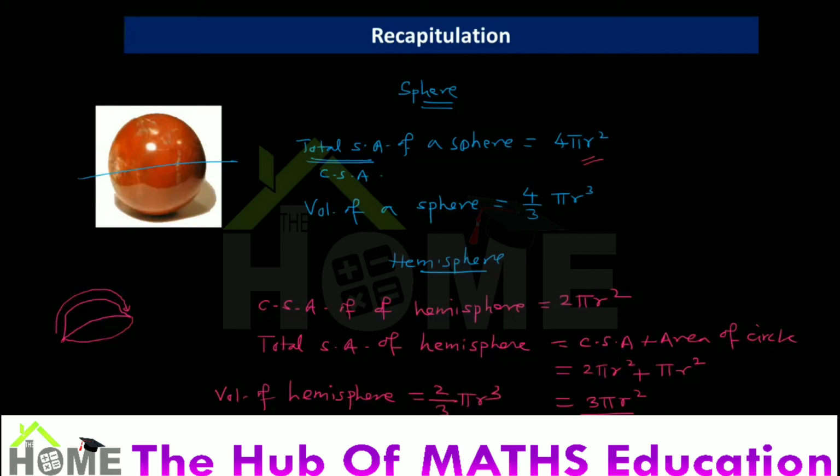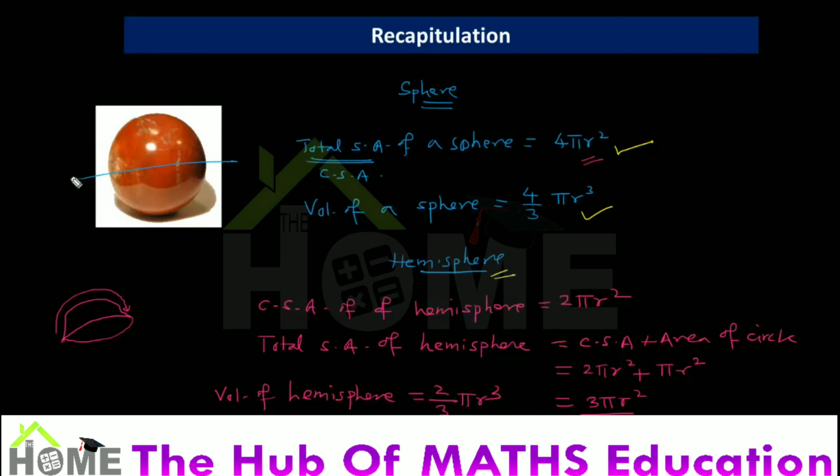So remember these formulae: total surface area of a sphere, that is the curved surface area of sphere, is given by 4 pi r square. Volume of a sphere is given by 4 by 3 pi r cube. Then next is the hemisphere.